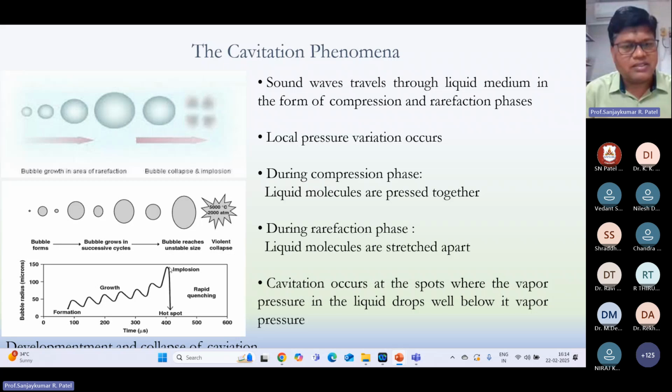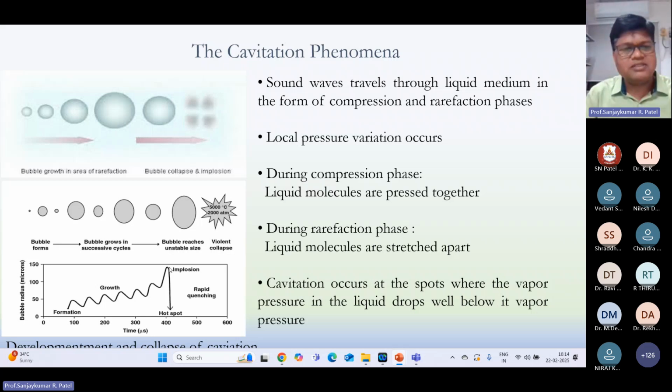Okay, when it collapses, rapid quenching occurs in the liquid media, and enormous energy is released. You can visualize this energy also by having a sonoluminescence device, and it creates a hotspot there.